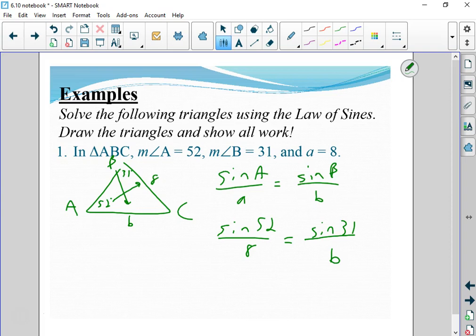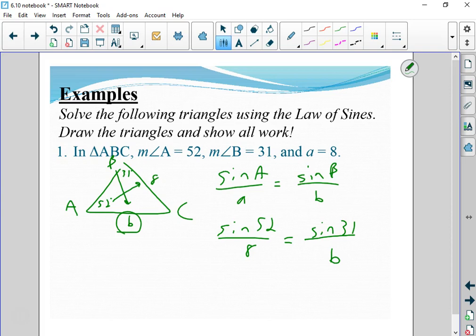So thinking about that relationship, what do we suspect B is going to be? I don't mean the actual number, just think about it. Is it going to be bigger or smaller than 8? Eight is opposite 52, which is bigger than 31. Therefore, we should expect that side B should be less than 8.